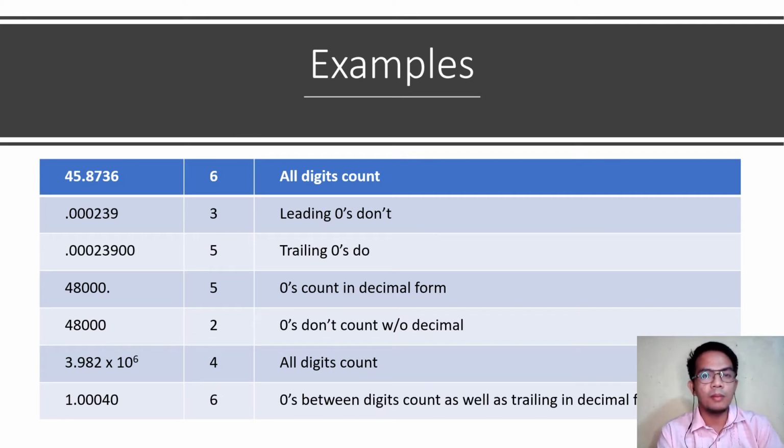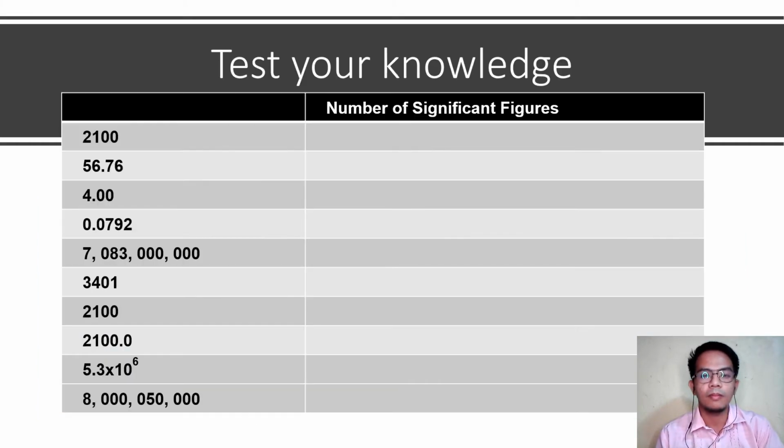Then in example number 5, there are only two significant figures because there is no decimal point at the end. Then in example number 6, there are 4 because this is only a scientific notation of 3,982,000. Then in example number 7, there are 6 significant figures.